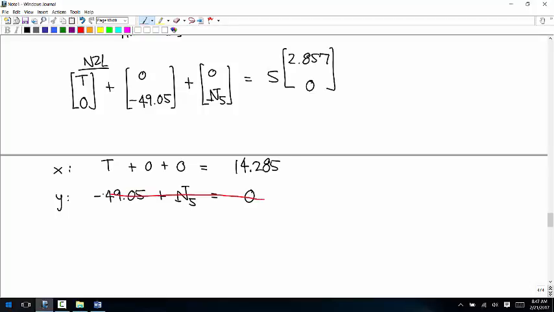This one is a perfectly good equation, but it doesn't help us with what we're trying to find, so forget that one. This one tells us that T is equal to 14.285 newtons.